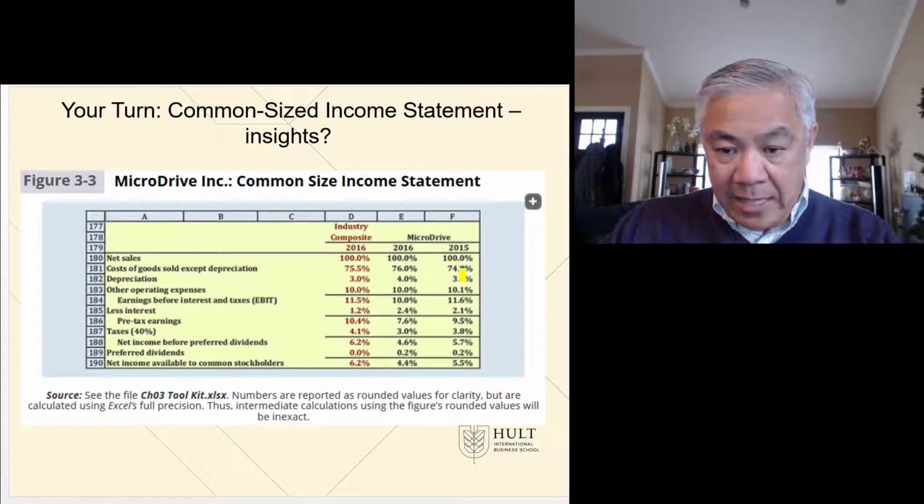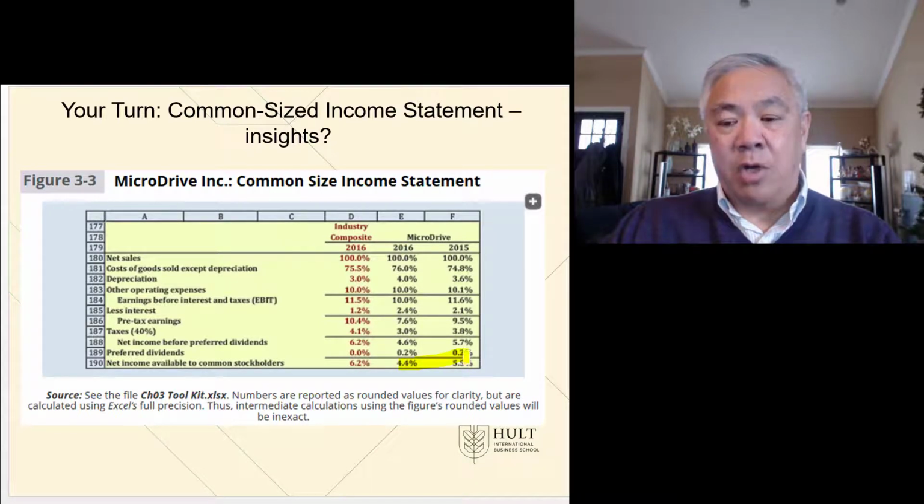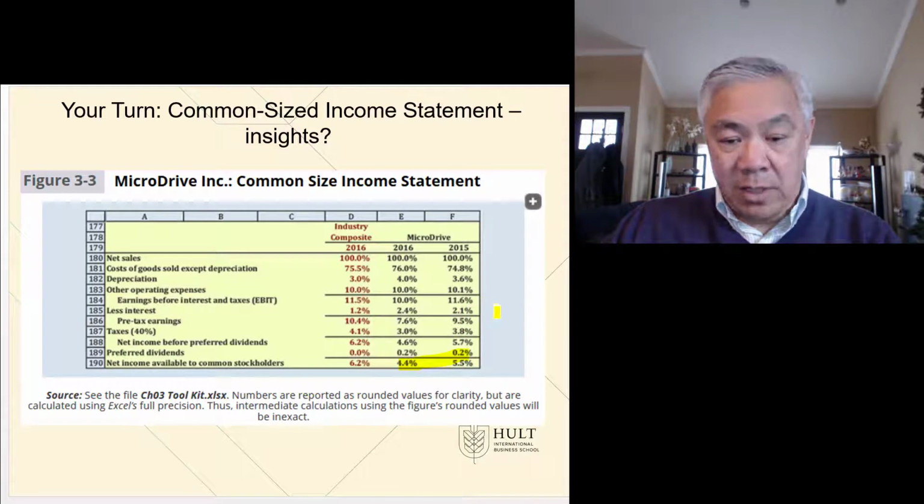We see that as a percent of sales, our income has gone down from 5.5 to 4.4. That's not good, right? We would hope that as we grow the company, that our profitability would improve. We also see that that's an issue at the EBIT level, where the profitability from operating earnings also slipped.